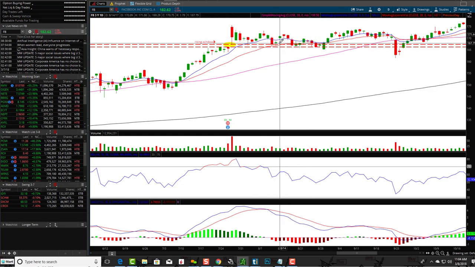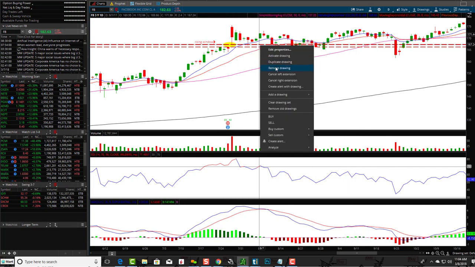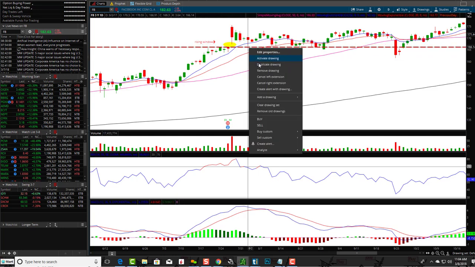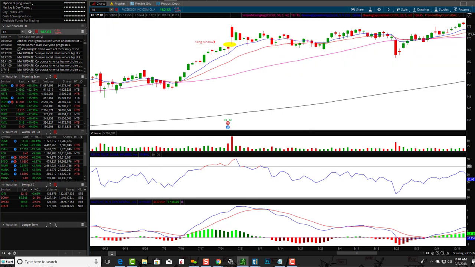Many retests, like 1, 2, 3, 4, 5, 6, 7, and then boom, price went back up, traded above that gap, came back down again. So you can extend these lines out, and you'll start to see those are support and resistance lines in the future as well. So those gaps, very, very important to pay attention to.